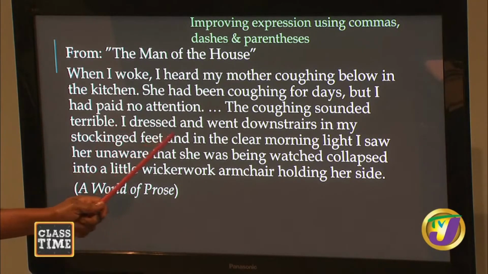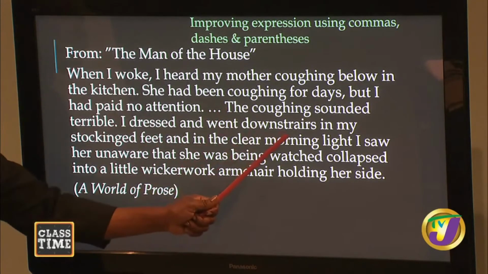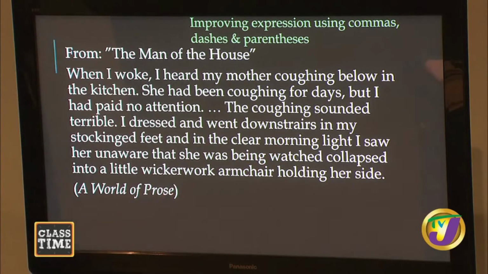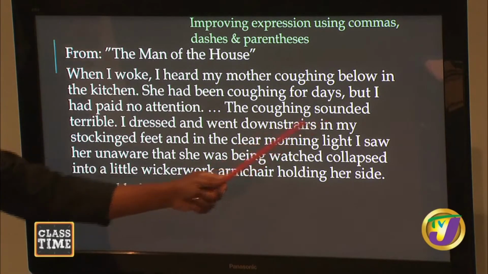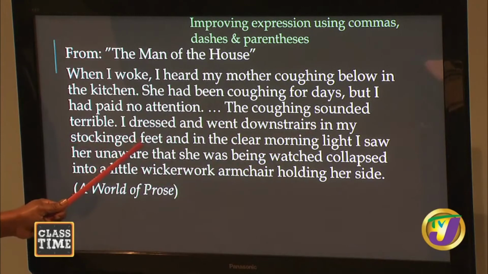I dressed and went downstairs in my stockinged feet. Okay?